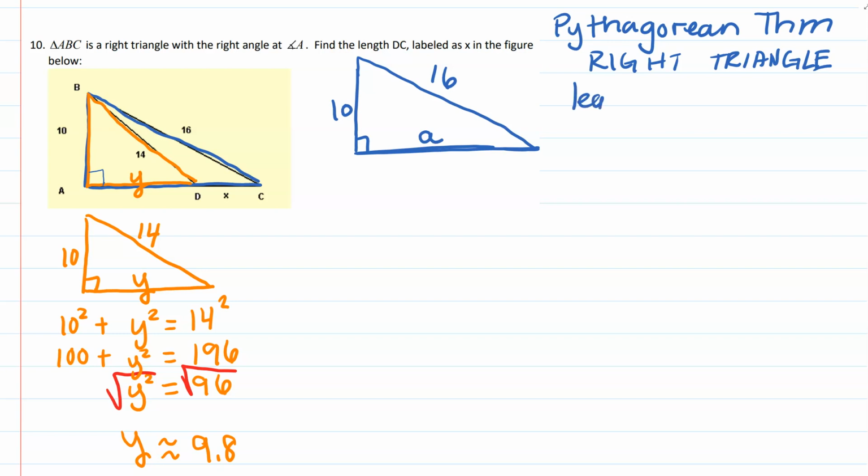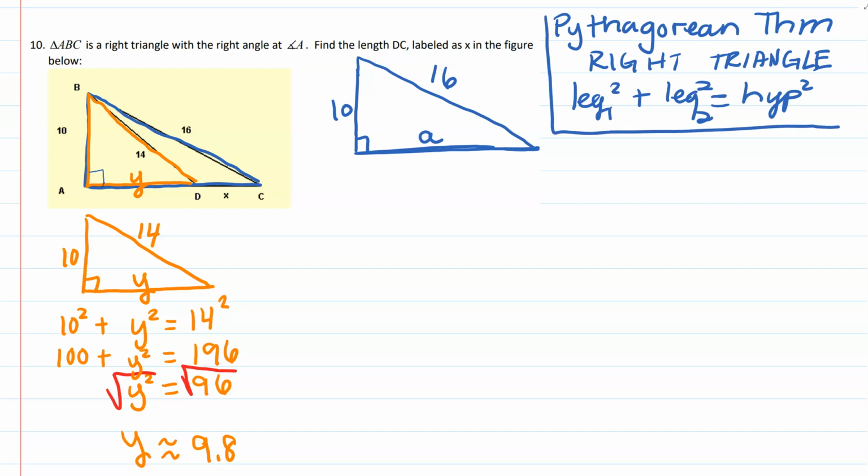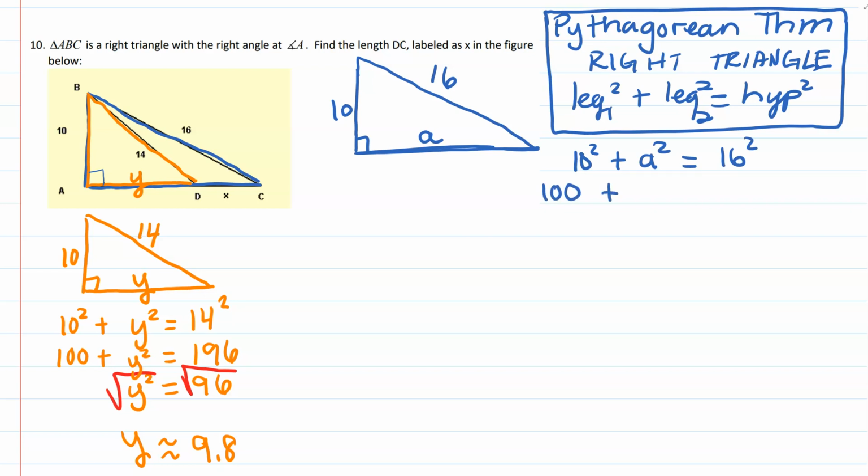Again, leg 1 squared plus leg 2 squared is equal to the hypotenuse squared. That's what Pythagoras said: within a right triangle, leg 1 squared plus leg 2 squared equals hypotenuse squared. So we have 10 squared plus a squared is equal to 16 squared. 10 squared is 100 plus a squared is equal to 256, minus 100 from both sides.